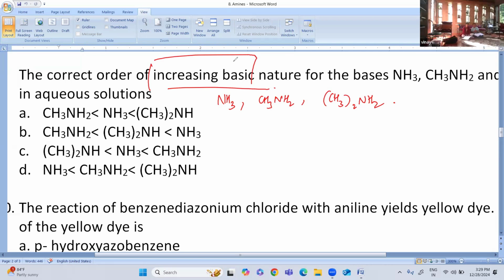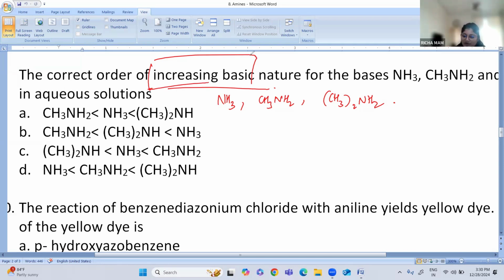Tertiary greater than secondary, greater. So here, you have a methyl group. What type is methyl? Is it an electron withdrawing group or electron donating group? Donating. Yes, it is an electron donating group.